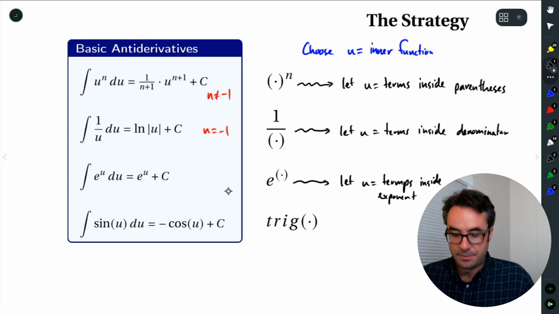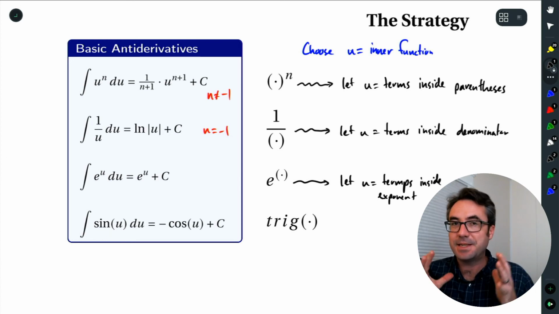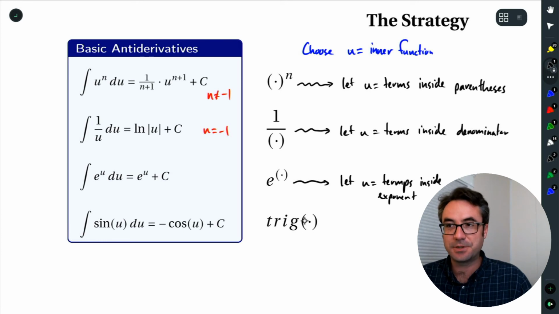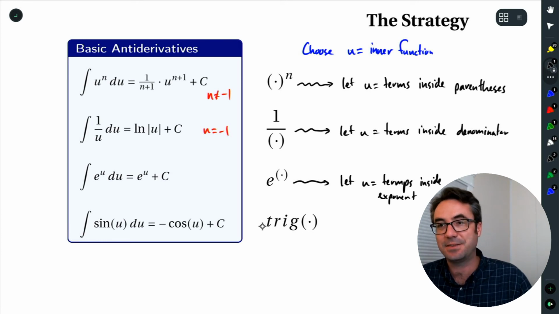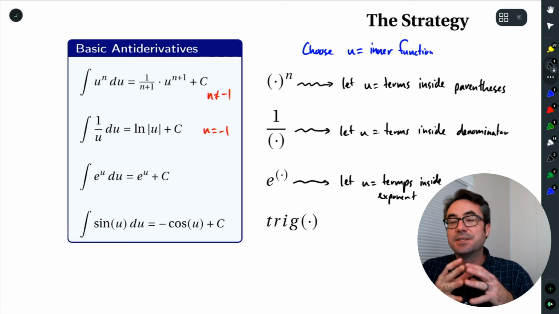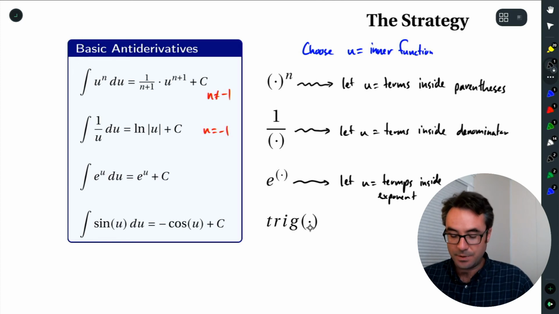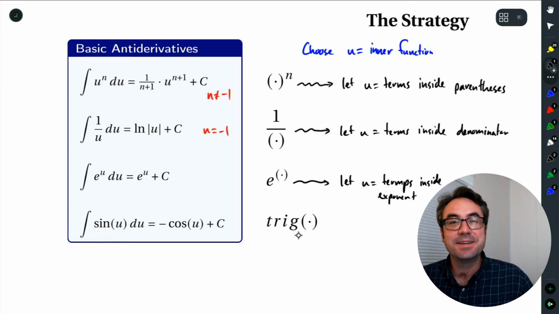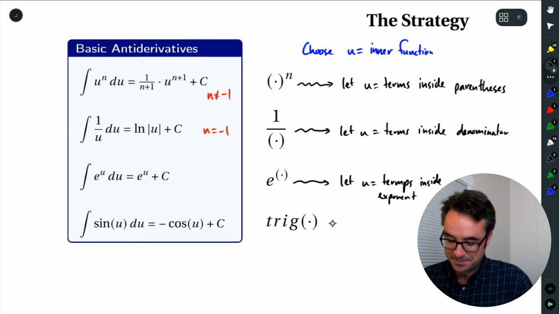And if we have a trig function, and inside the parentheses that go along with that trig function, it's not just x. So it's not like just sine x. It's sine of something more complicated. Well, then, you guessed it, we're going to let u equal those terms that are inside the parentheses.